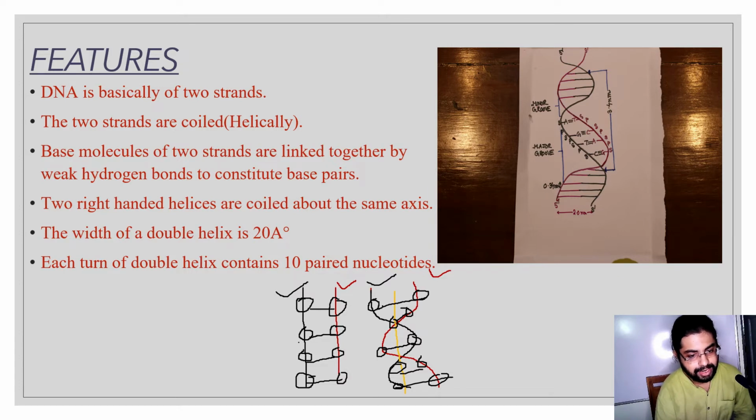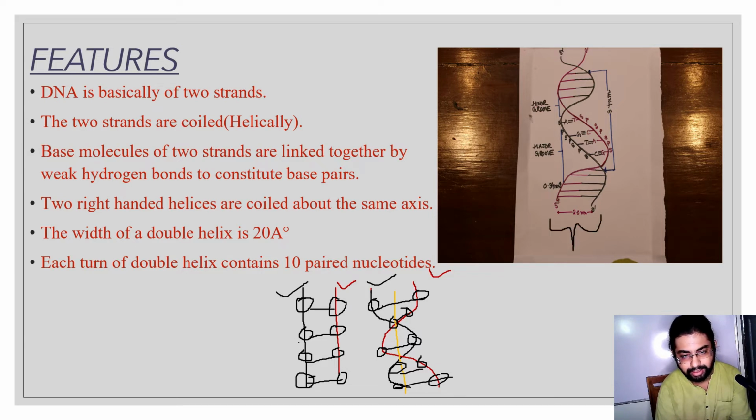Two right-handed helices are coiled about the same axis, as I mentioned, one with black color, another with red color. These two right-handed helices are coiled about the same axis, given as yellow color, and the width of the DNA helix is 20 angstrom.